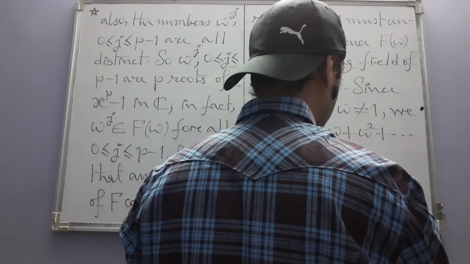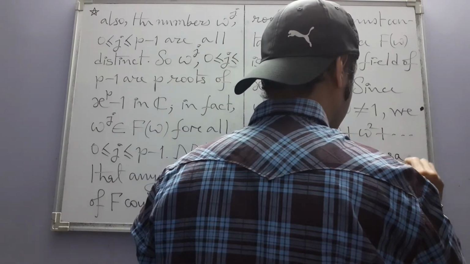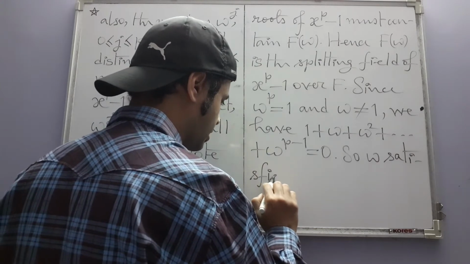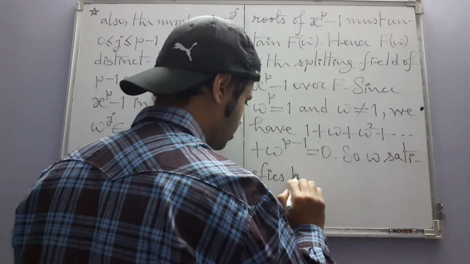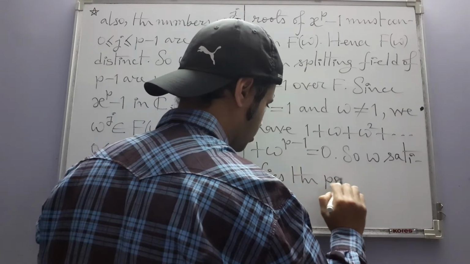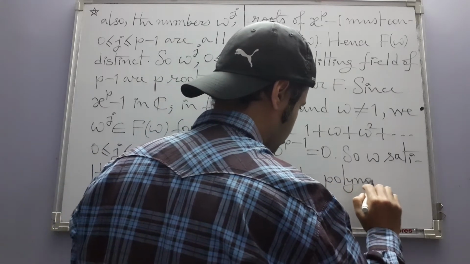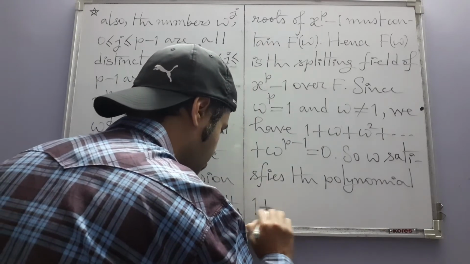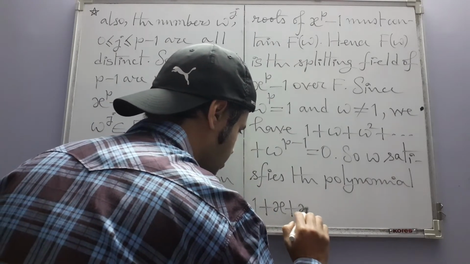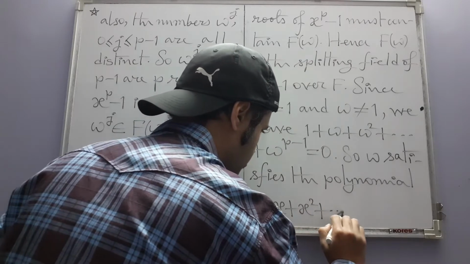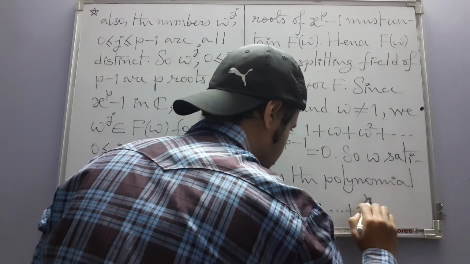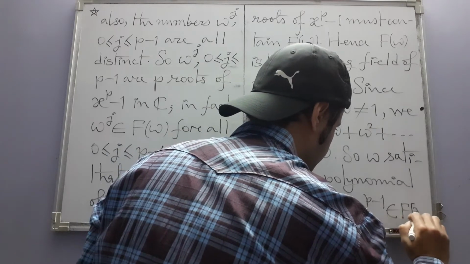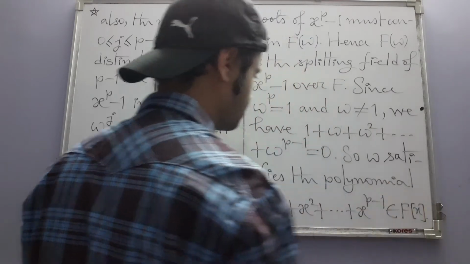So omega satisfies the polynomial 1 plus x plus and so on up to x to the p minus 1 over F. That means it's coming from the polynomial ring F[x].